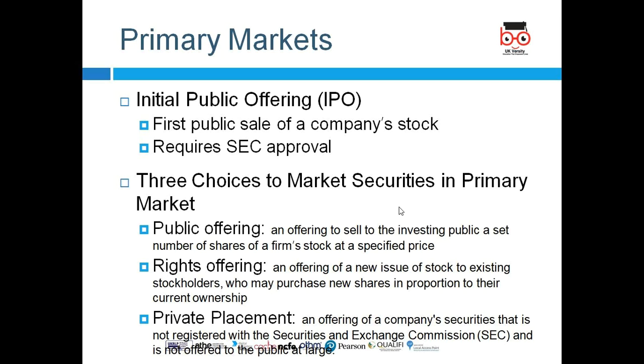We know the difference between them? Yeah, I'm fine with those. Okay, brilliant. So an offering? A public offering is where it's offered to the public, and a private offering is just a private sale.